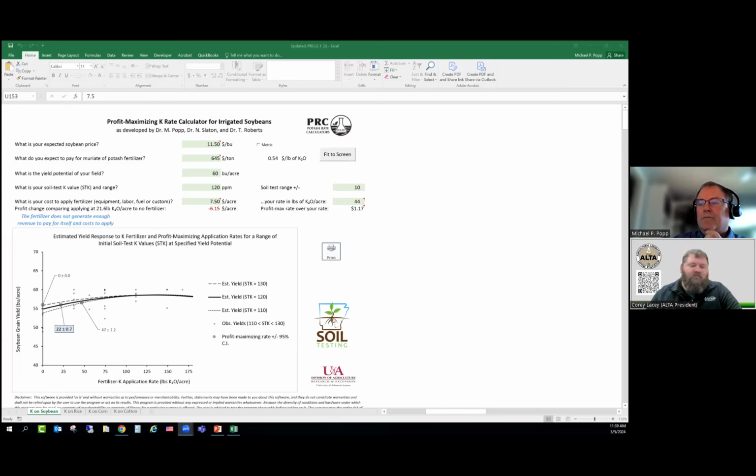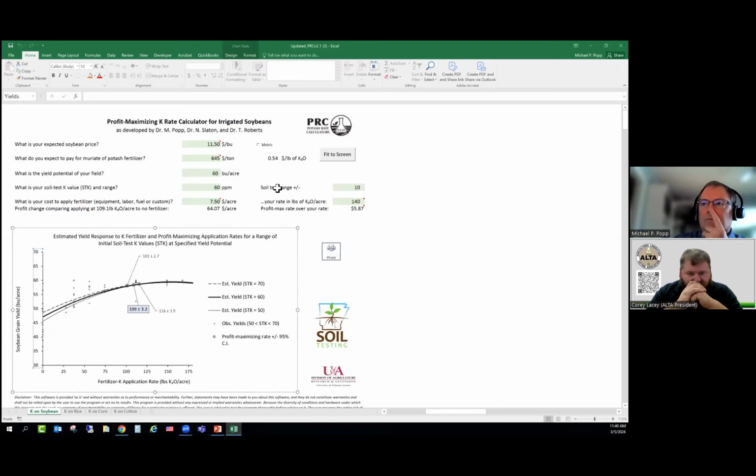Okay, great. So I think the correlation in our data is very similar to what has been found from research in the Midwest. By that, I simply mean our soybeans respond to soil test K very similarly to what has been found in other Midwestern states. The question is whether or not the rate response is the same.